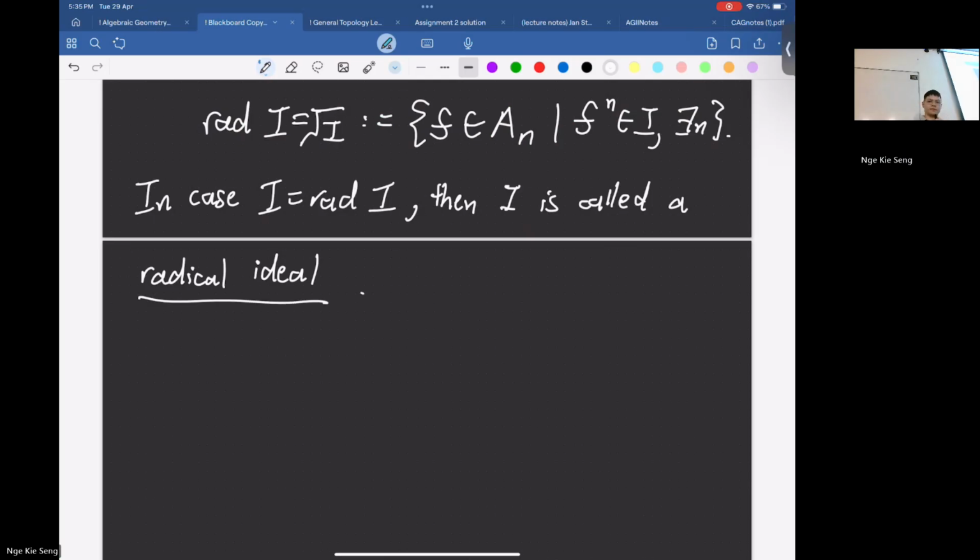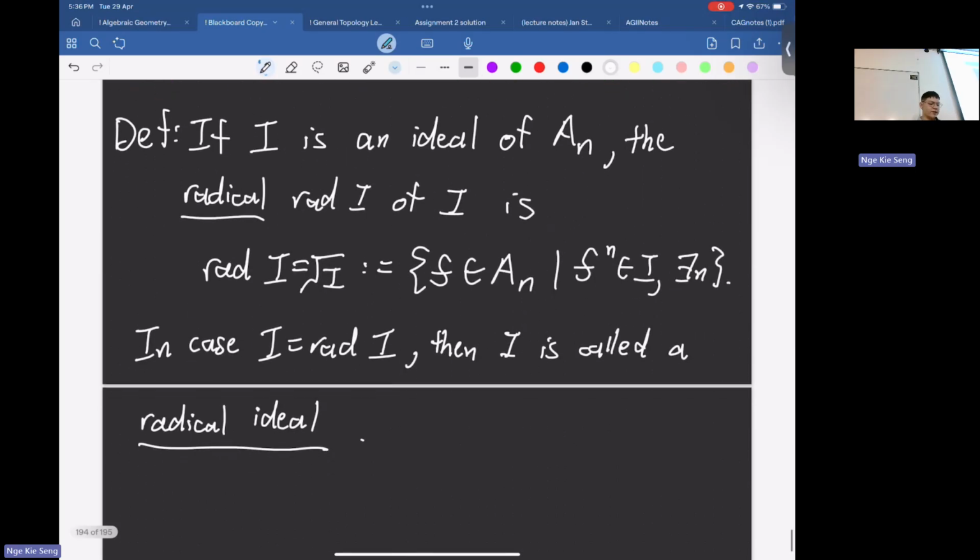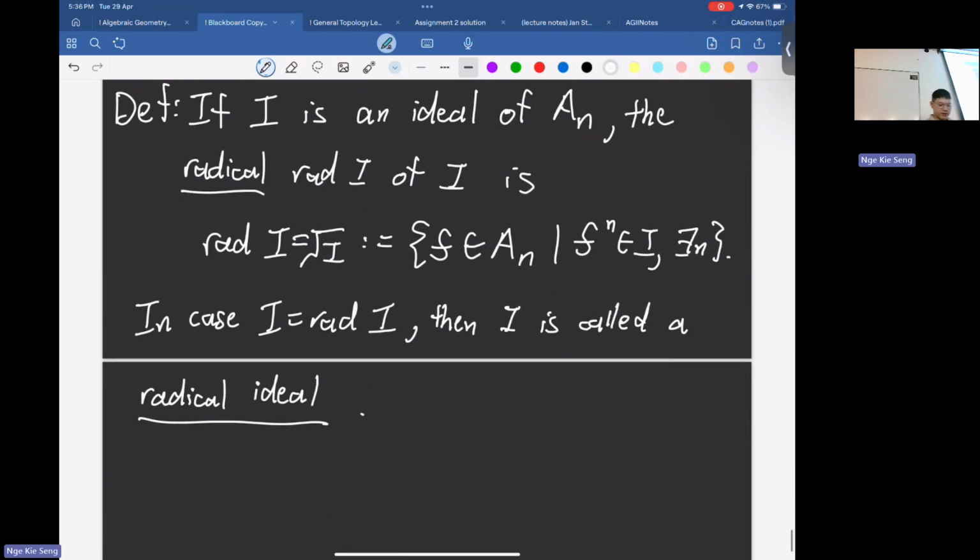Since I defined this as an ideal, the first thing you should check is whether rad I is an ideal or not. So let's check: is square root I an ideal?